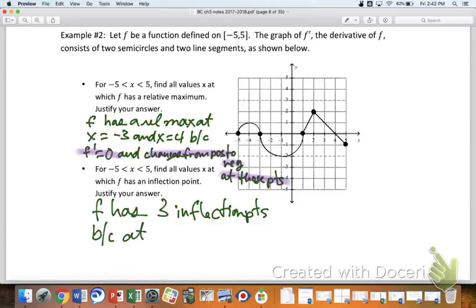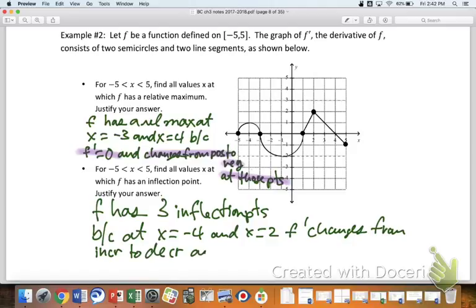Because at x equals -4 and x equals 2, f prime changes from what to what? Increasing to decreasing. There you go.